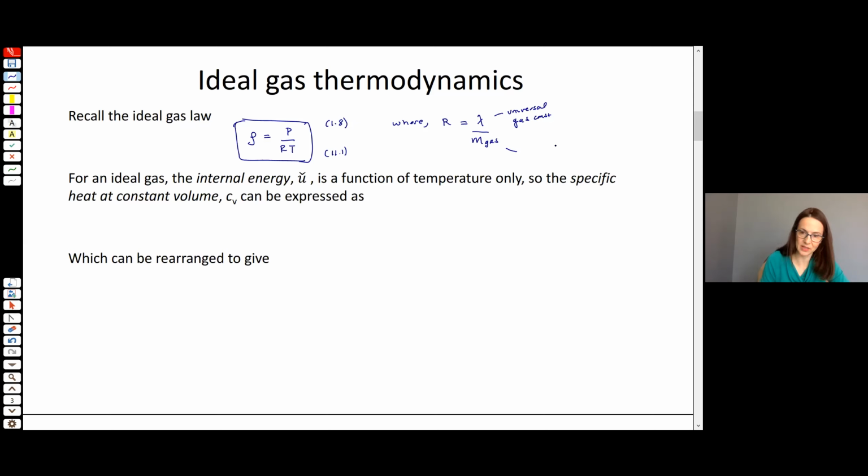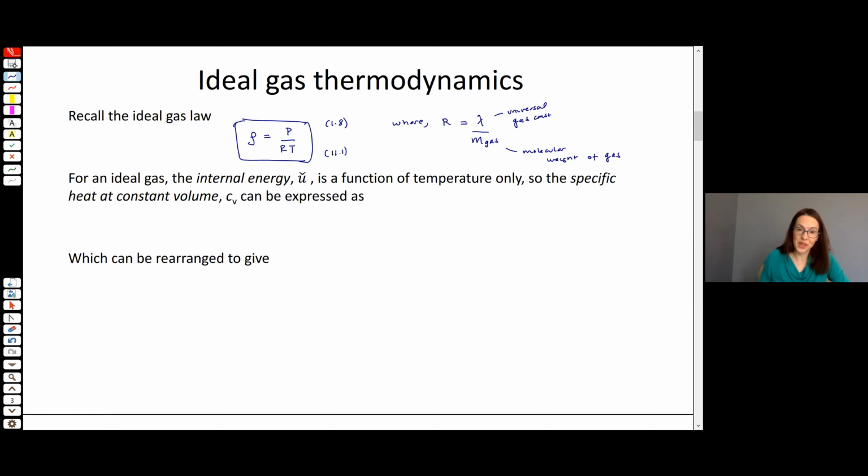And that's how you get the gas constant for the particular gas. All right, but as always, we can just look up our gas constant R in table 1.7 or 1.8.